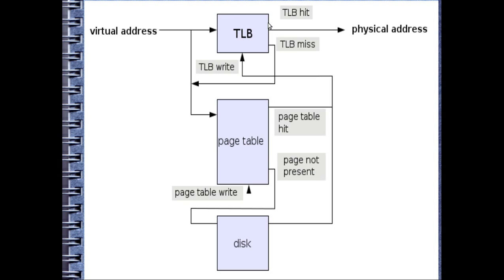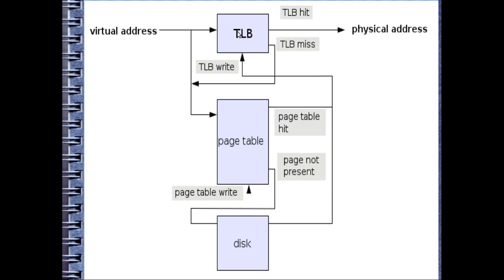A process says I want to access page number X. The TLB cache converts it into frame number 5, which the application can access, and the request is satisfied in case the TLB cache hits.